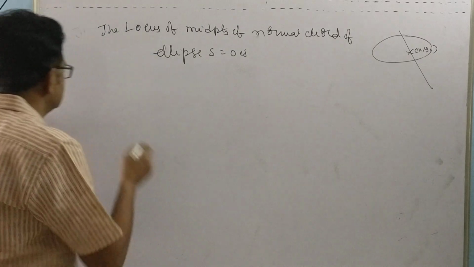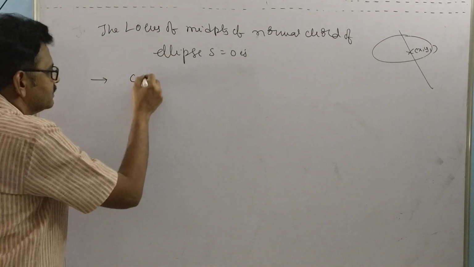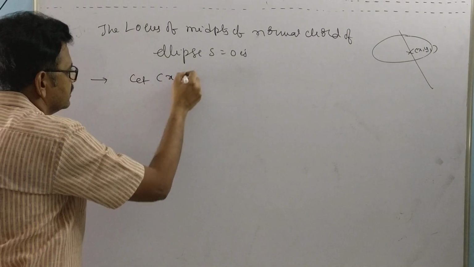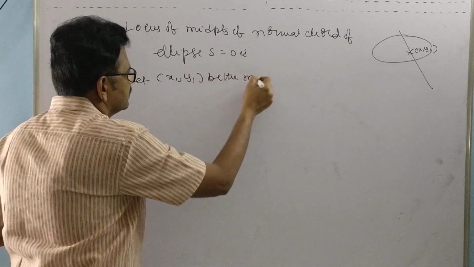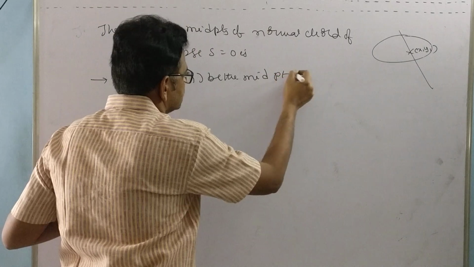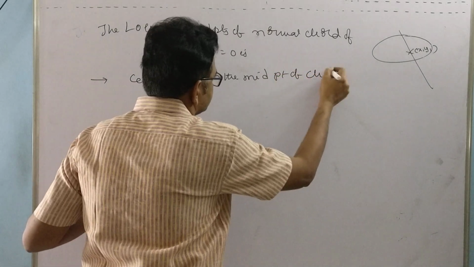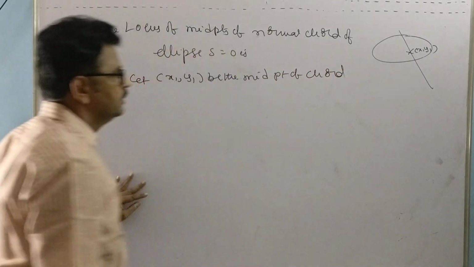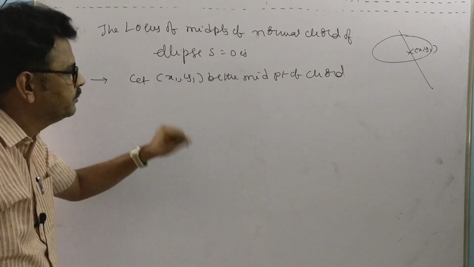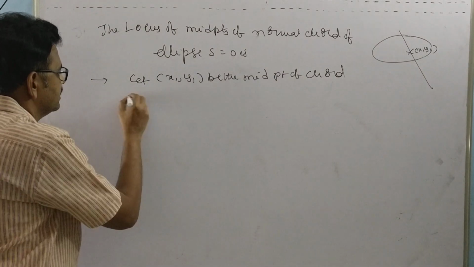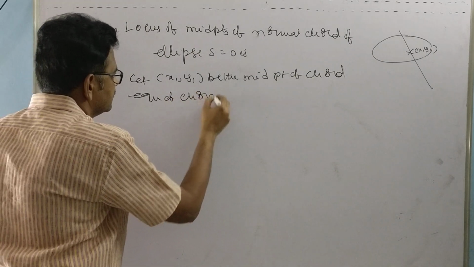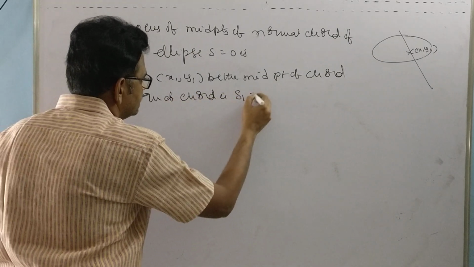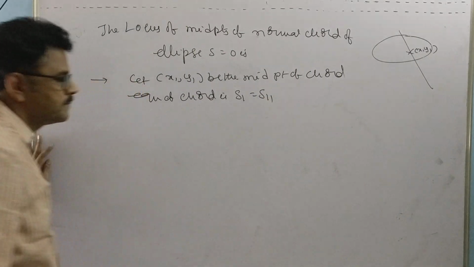Just see how to do it. Let x1, y1 be the midpoint of the chord. If x1, y1 is the midpoint of the chord, then the equation of the chord is S1 equal to S11.